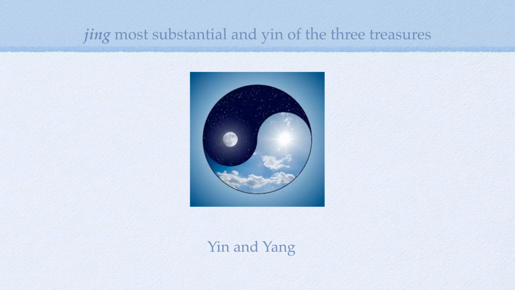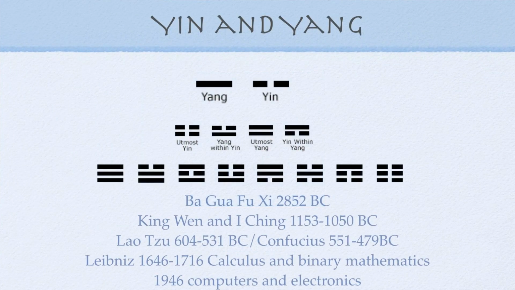All right? And sometimes people think that yin and yang, or the world of Chinese medicine, is a bit old-fashioned. So here again, without going too much into detail, look at the yin and yang symbol from the old text. And as you can see, we find it in the Bagua Fuxi in 2852 BC, then 1153 BC. So as you can see, it's very old.